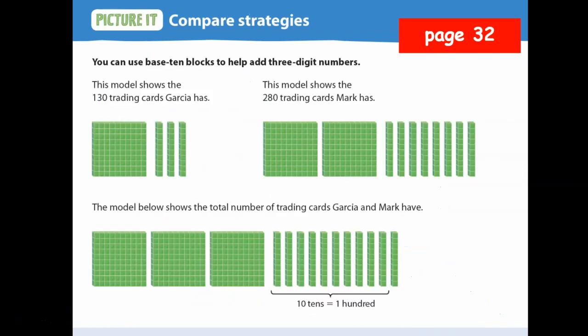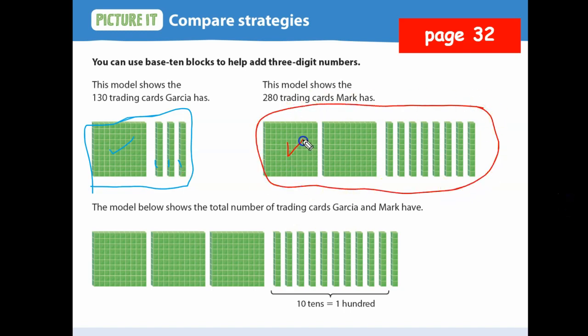Okay, another way to do this and add is using ten blocks. This ten blocks represents 130 because I only have 100 and then 3 tens. This one right here represents 280. I have 200 and then 8 tens. And then I add all those together. So that's 300, right?